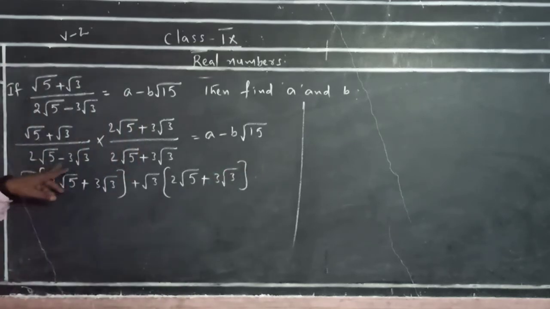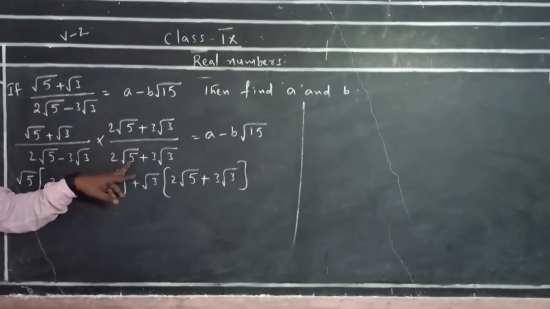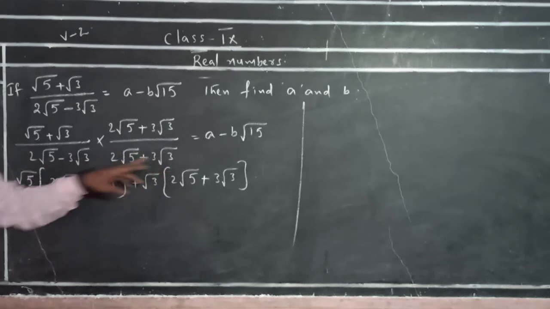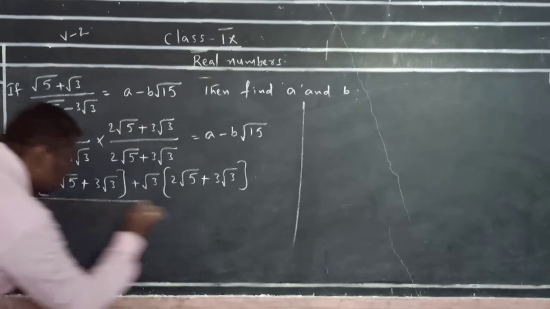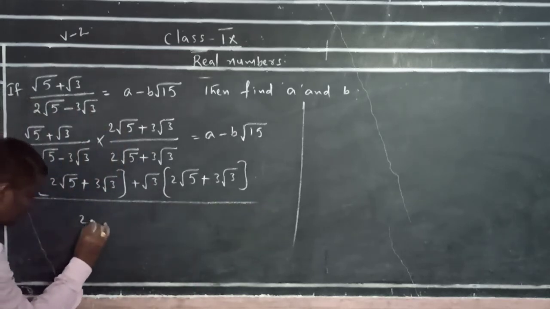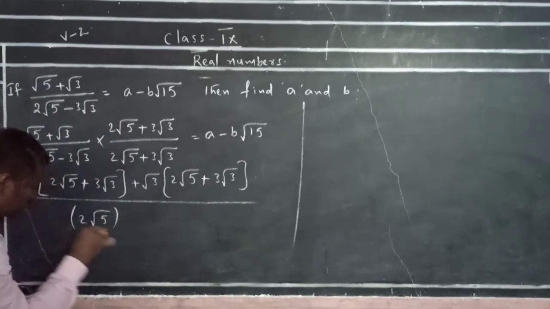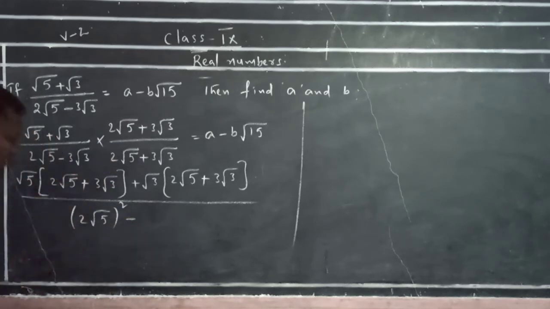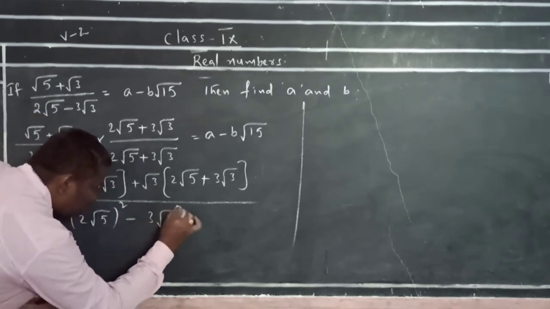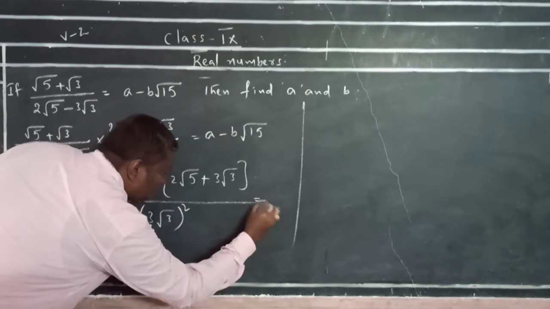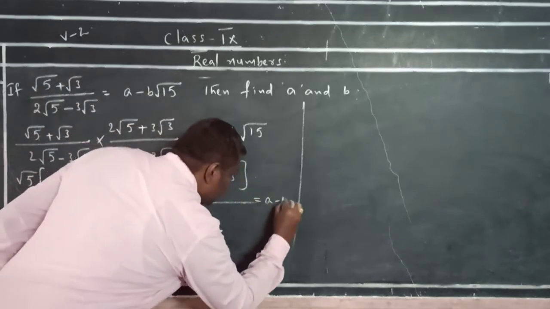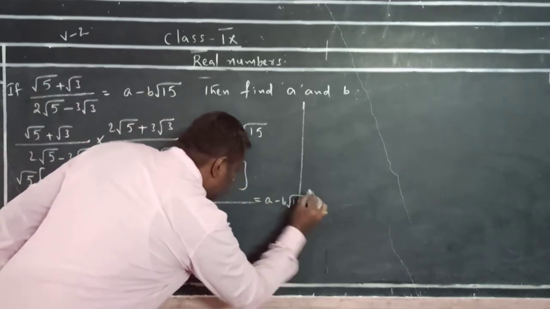The same value is there. The a value is the same here, the b value is the same. Apply the same formula: a minus b into a plus b, a square minus b square. A square, what is the a value, 2 root 5 whole square. Here the b value is 3 root 3 whole square, equal to a minus b root 15.